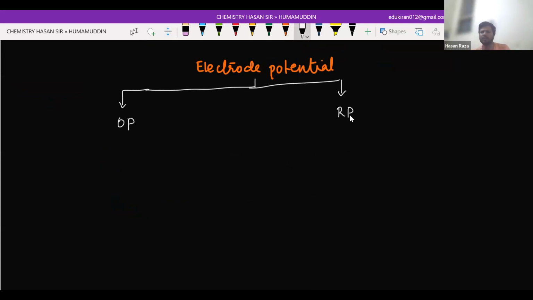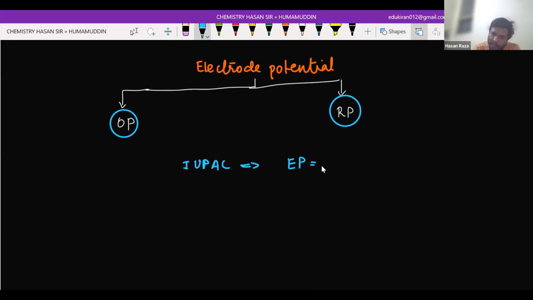Now, if the question asks to calculate electrode potential, which value are we going to write? Since we have two options, oxidation potential and reduction potential, according to IUPAC, always remember this, the electrode potential is equal to reduction potential.